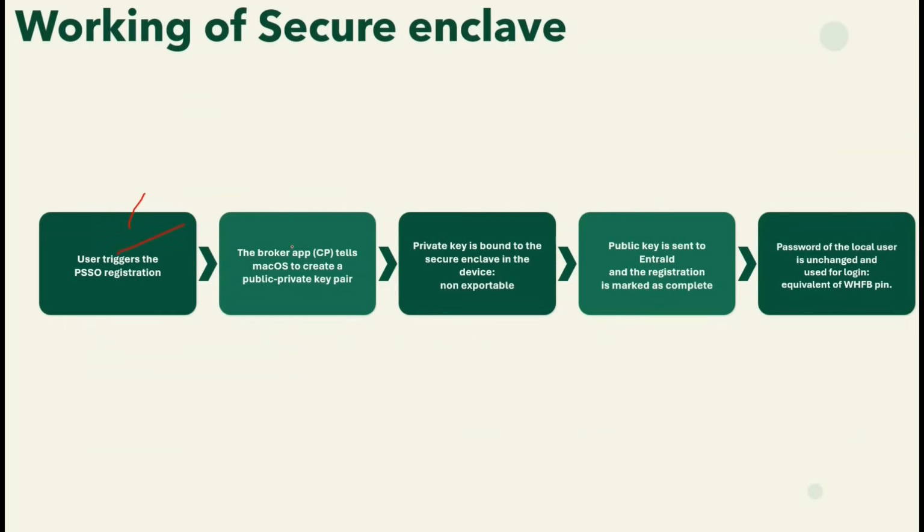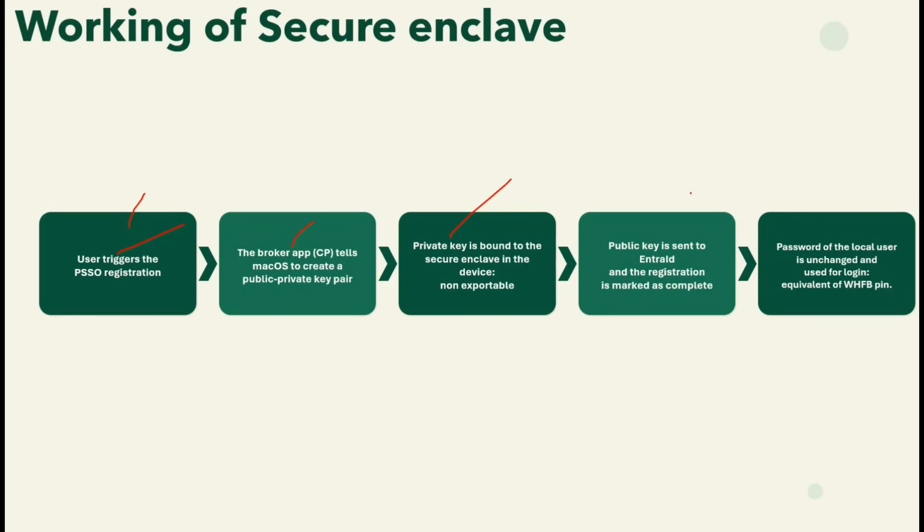The broker app, which in this case is Company Portal, is going to create a public key and private key pair, which is a certificate. A certificate has a public key and a private key, right? That private key is stored in the Secure Enclave of the device. So that private key is bound to the hardware of the device, and it is not marked as exportable. It cannot be copy pasted or exported anywhere.